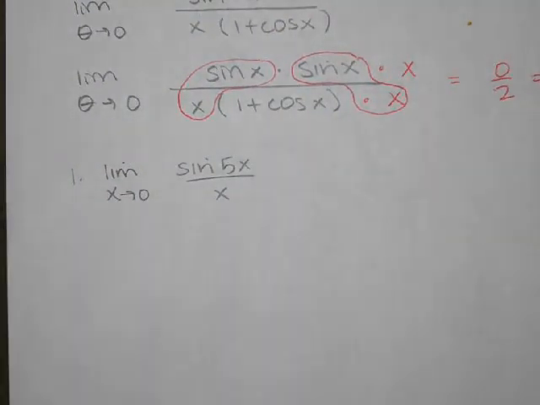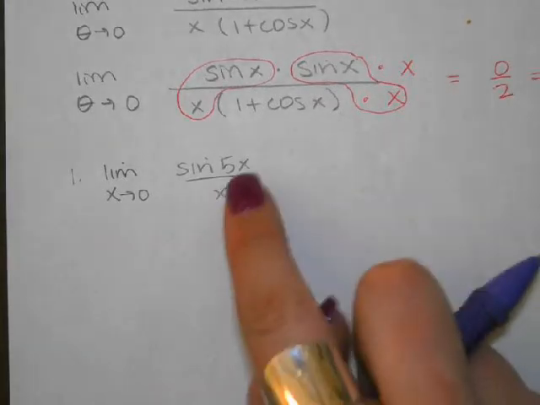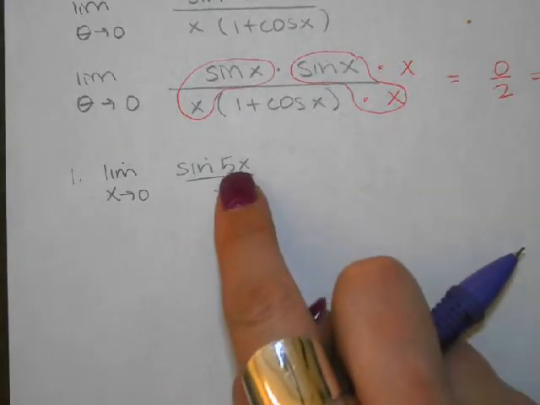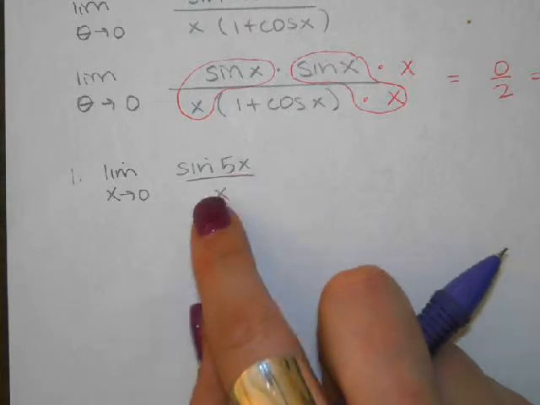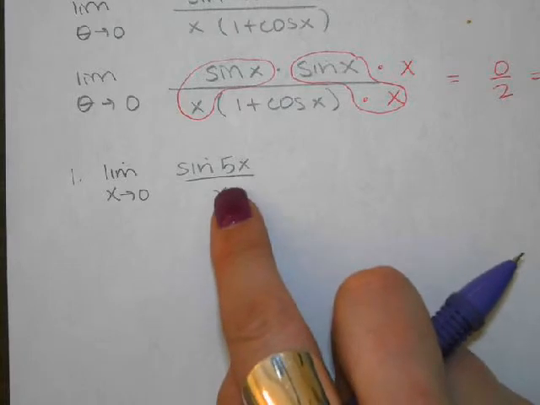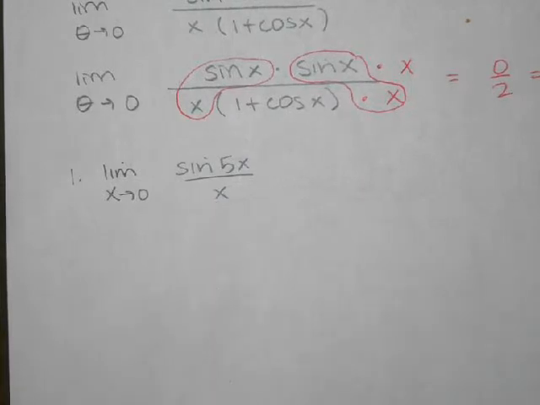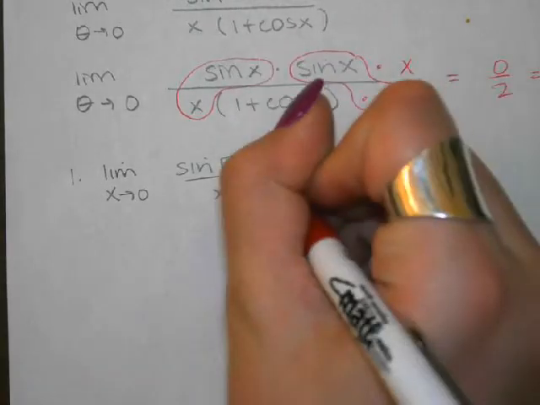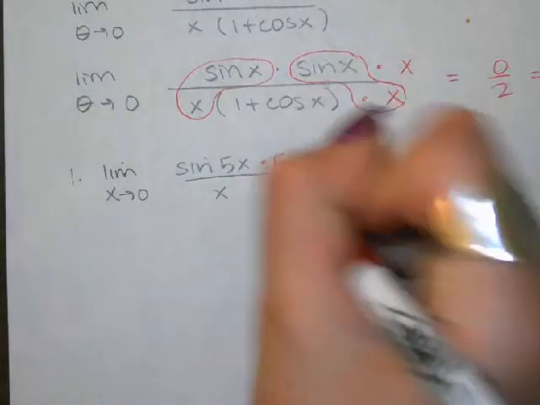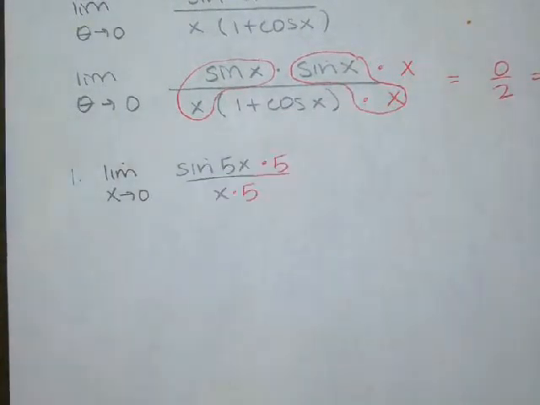What is the first problem on there? Limit as x approaches 0 of sine 5x over x. Okay. So if we use the idea of what we just learned, then we know that the limit would be 1 as long as the angle inside of sine is the same as what you have on the bottom, right? So this would equal 1 if I had 5x and 5x. But I don't have a 5x on the bottom. So what I need to do to fix this is multiply by 5 on the top, and multiply by 5 on the bottom.